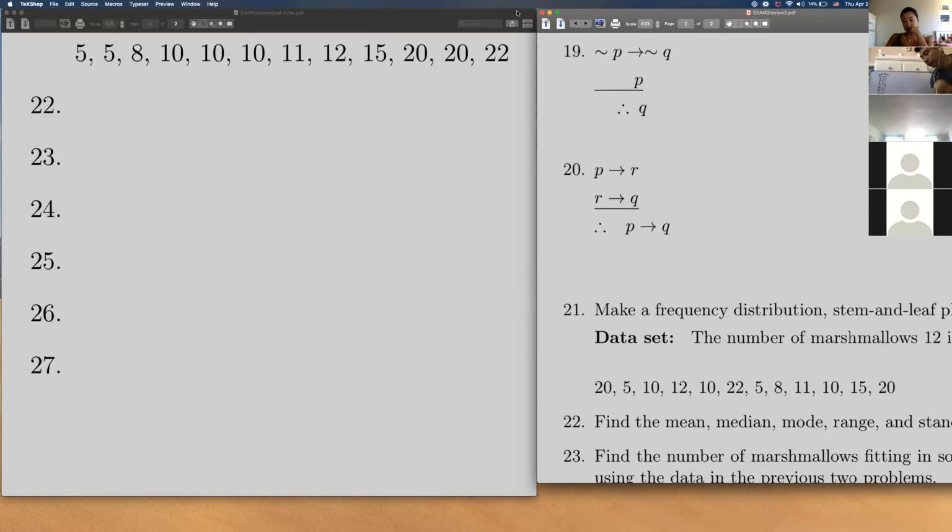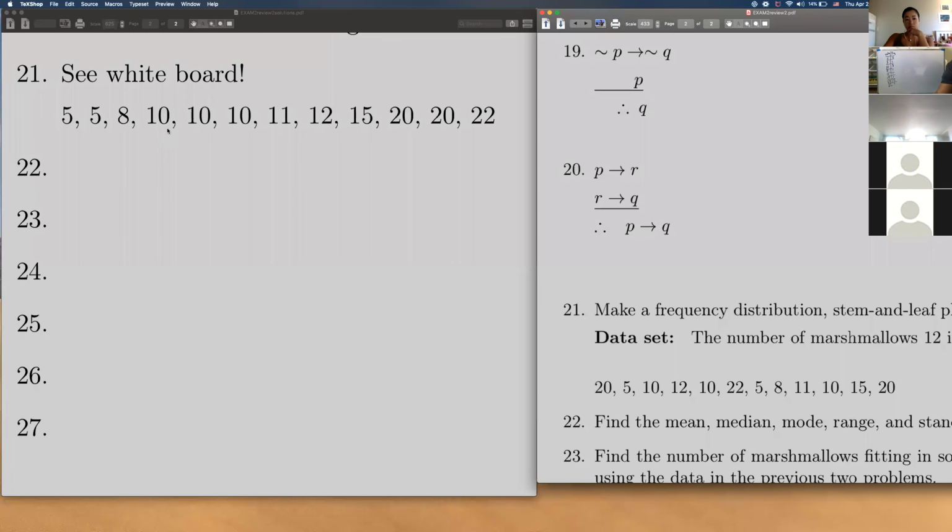Before I do that though, let's just write the things in order. That's what I have here. So this is the numbers rewritten in order. And there should be 12 of them. 1, 2, 3, 4, 5, 6, 7, 8, 9, 10, 11, 12. Yeah, so that's good.